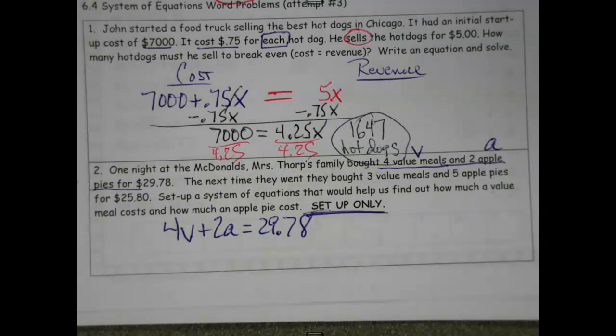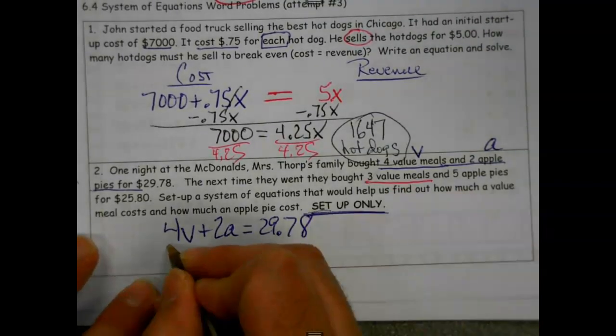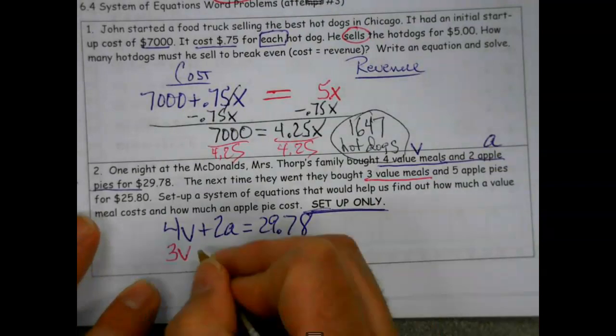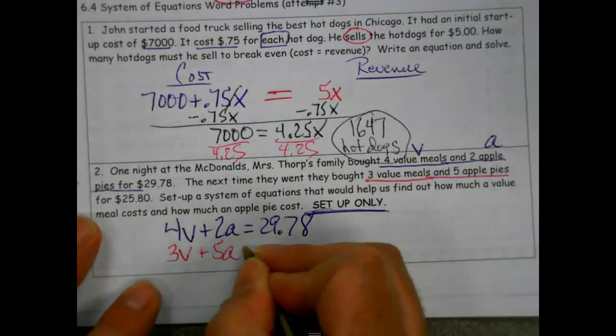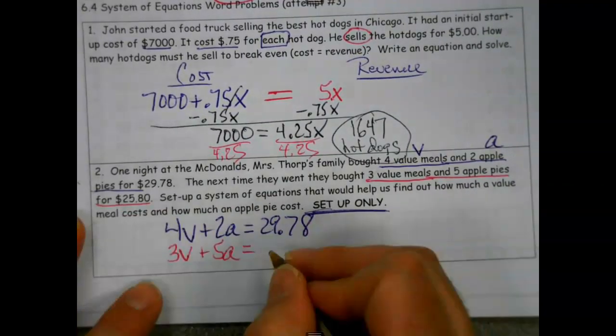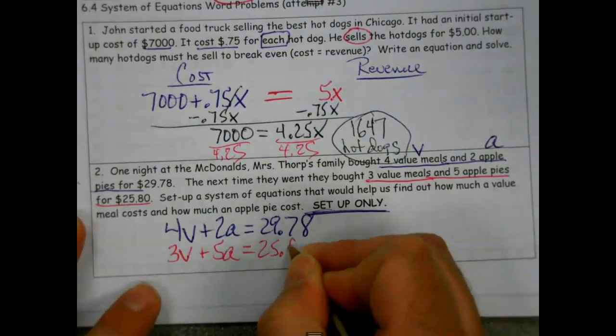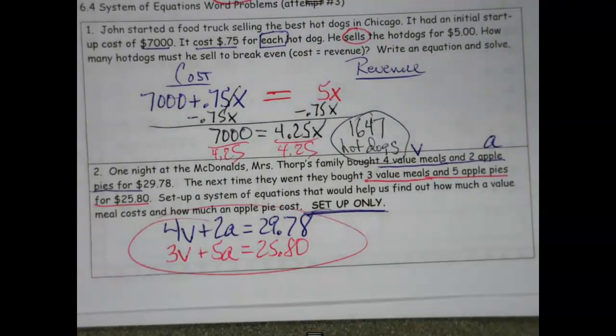But each sentence here with numbers is going to give me a different equation. Next time they went, 3 value meals and 5 apple pies for $25.80. I don't have to solve. I'm done. I'm finished.